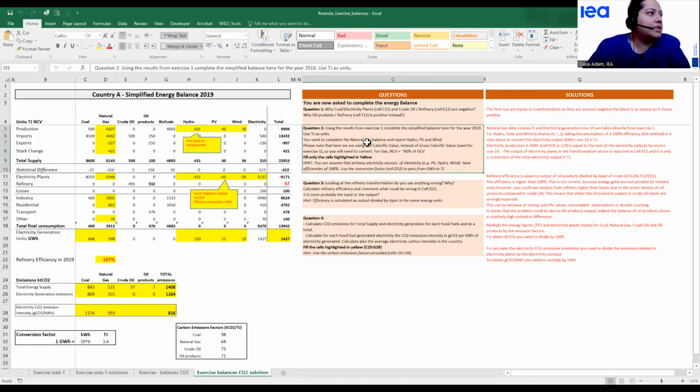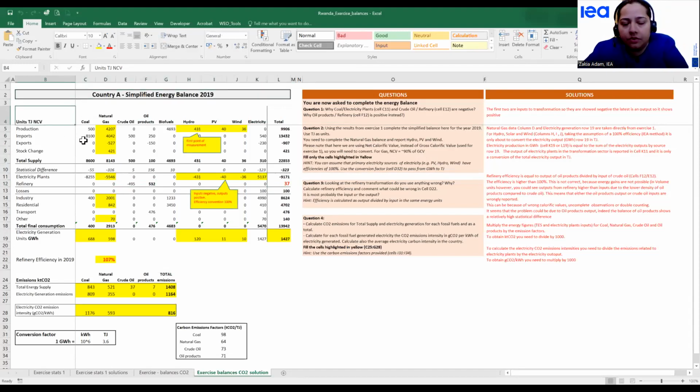The second question is: using the results from exercise 1, complete the simplified balance here for 2019. Use terajoule as the unit. Here, for the energy balance, we will use terajoules and net calorific value. Remember that energy balances are always in net terms because we are only interested in the useful energy, right?